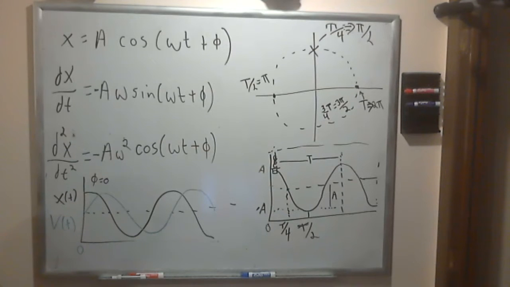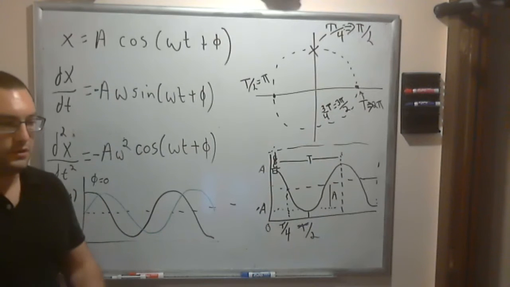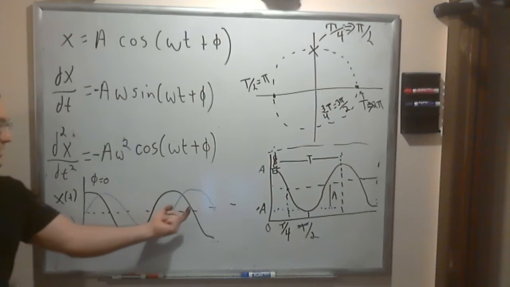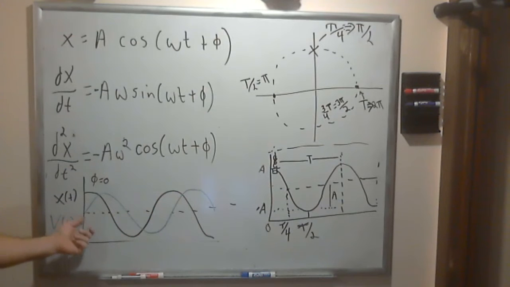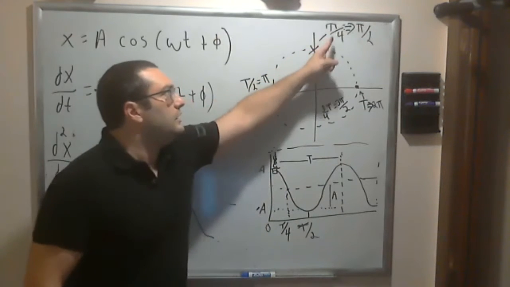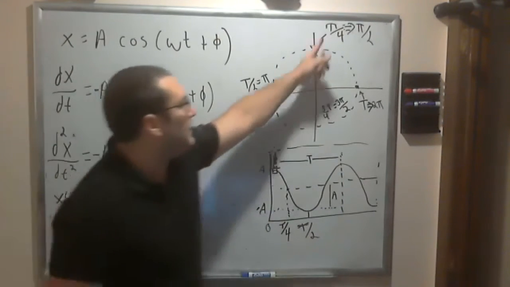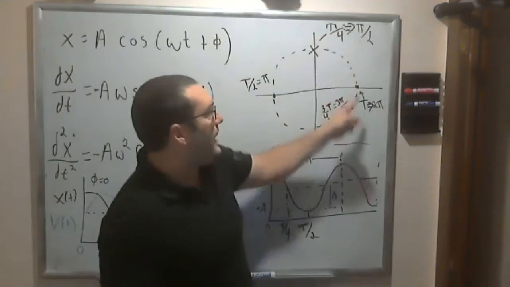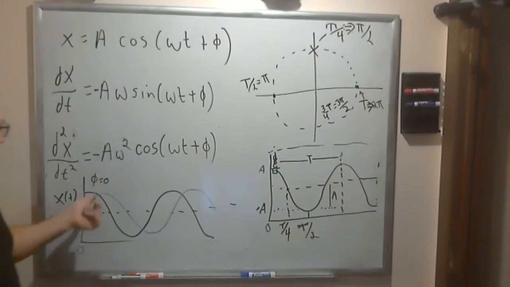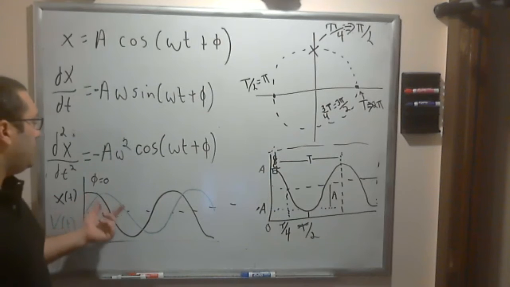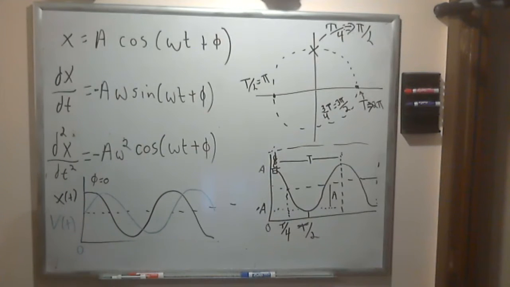And what we say is that the velocity is 90 degrees out of phase with the position. If we translate this function over by 1/4 of the period, or pi over 2 in terms of a circle, they will overlap and match up. So we say that the velocity is 90 degrees, or pi over 2, out of phase with the position.